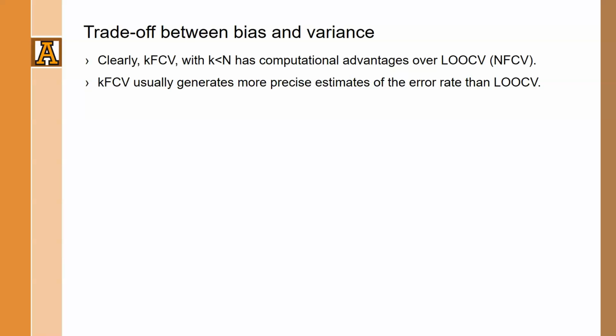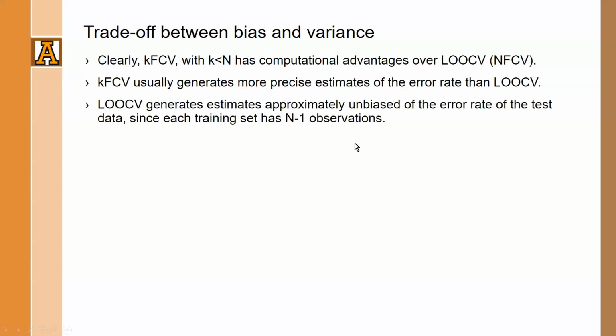Now, k-fold cross-validation usually generates more precise estimates of the error than leave-one-out cross-validation. Why? Because of the high correlation between the models in leave-one-out cross-validation, because we're using essentially the same data to estimate the model several times.